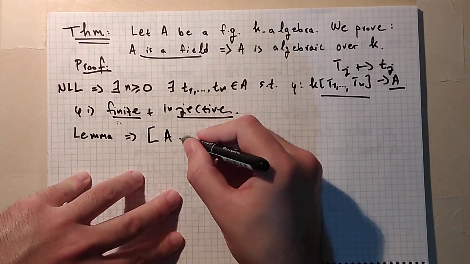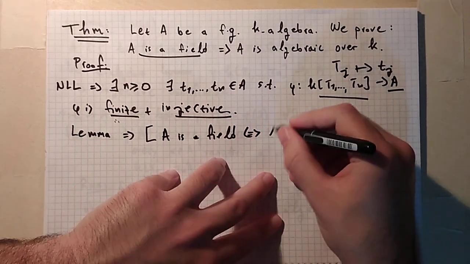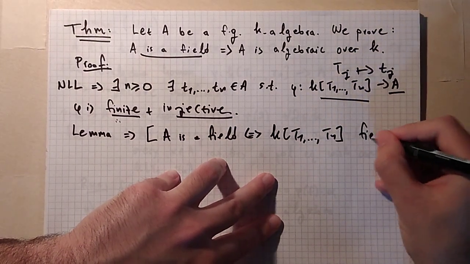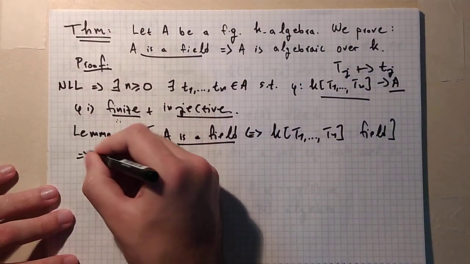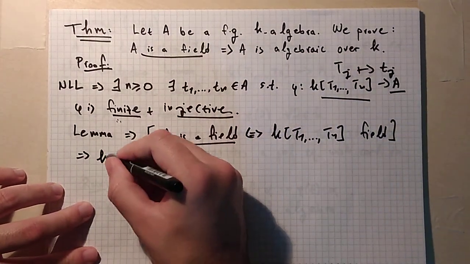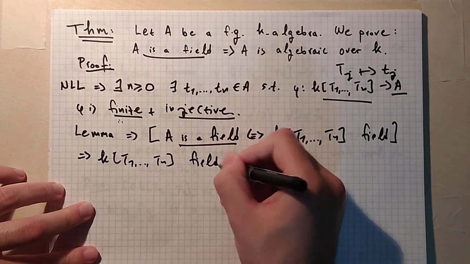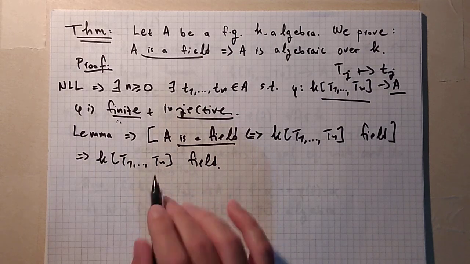And this implies that A is a field if and only if the polynomial ring is a field, right? And of course this is true because we assumed A is a field, and therefore what we really get is that the polynomial ring is a field. But this simply cannot happen if n is greater or equal to 1.